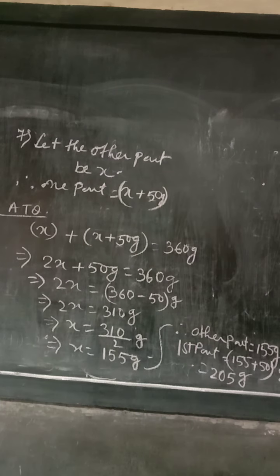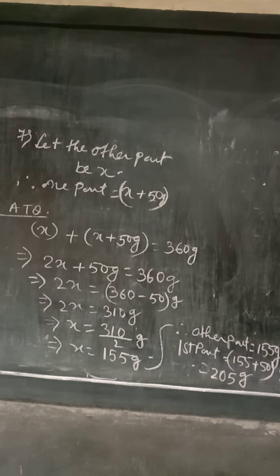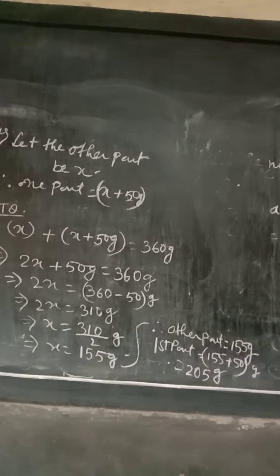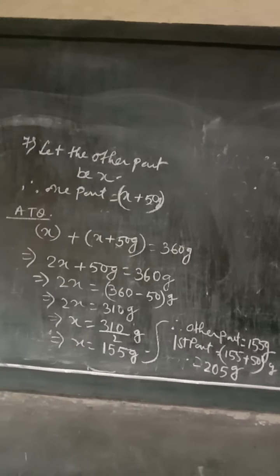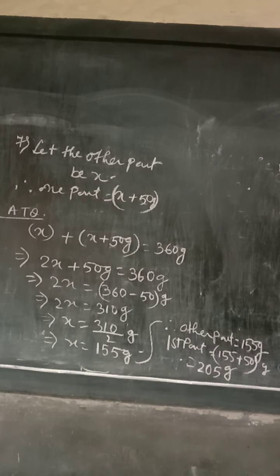See the right side where I have written: once the value of x is found, the first part will be 155 gram and the second part will be 155 plus 50 gram, 205 gram. This is question number 7.